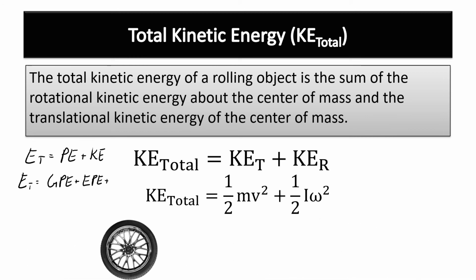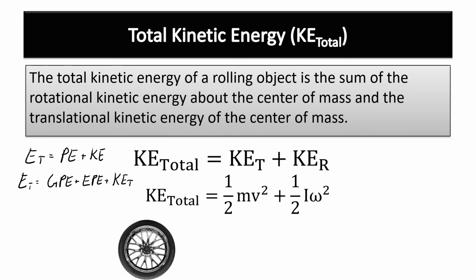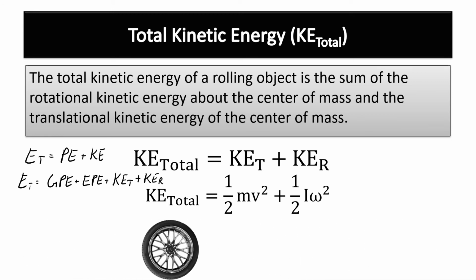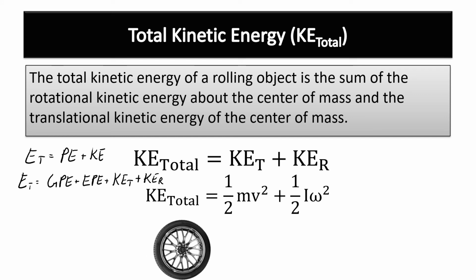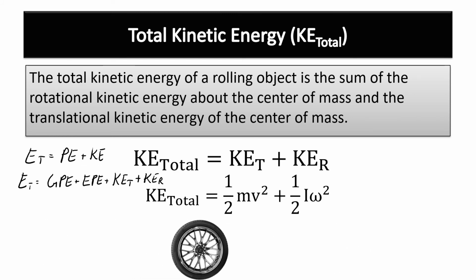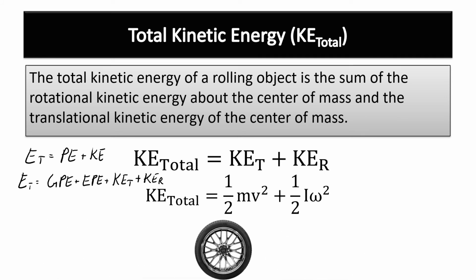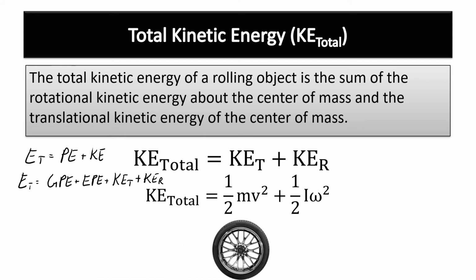Plus, now we're going to call this the tangential or translational kinetic energy plus the rotational kinetic energy. There's a lot of different types of energy beyond these ones that we are calculating in this class. But yeah, we could do some really interesting problems now, and we're going to have the moment of inertia in there. We're going to make sure we're in radians. It's going to be a lot of fun.